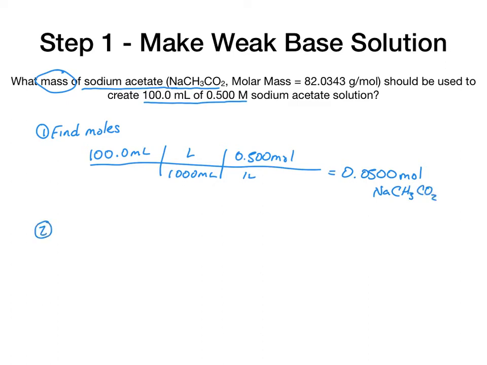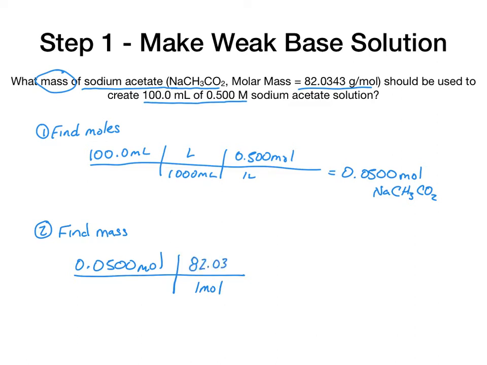Now that I know moles, I can use the molar mass to find the mass. And so I have 0.0500 moles. And the problem gives me the molar mass. In 1 mole, there are 82.0343 grams.